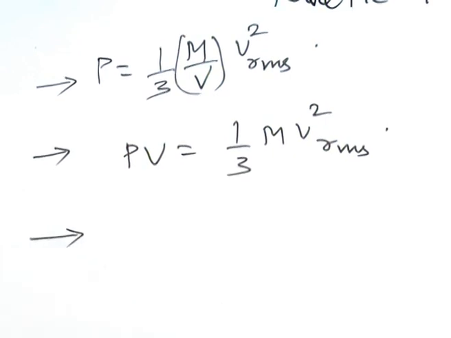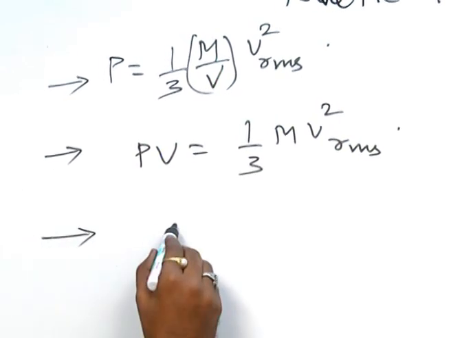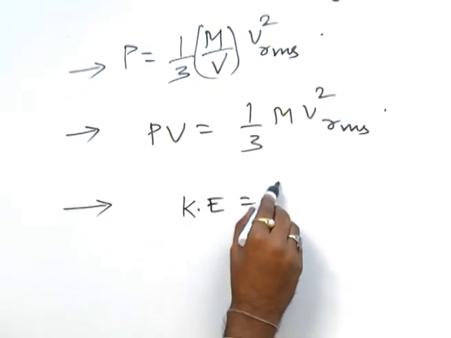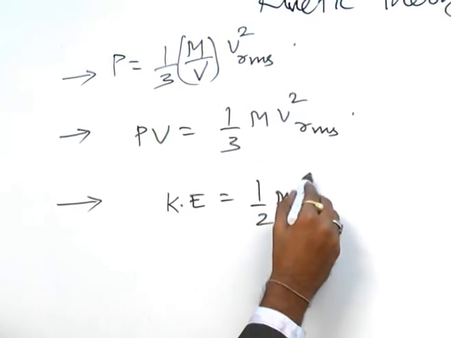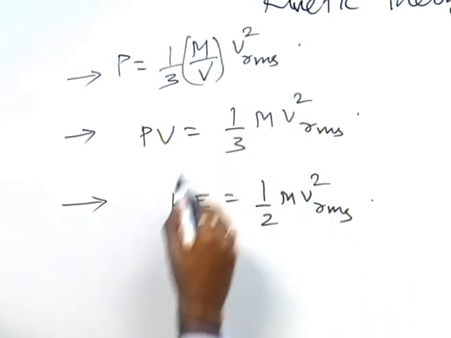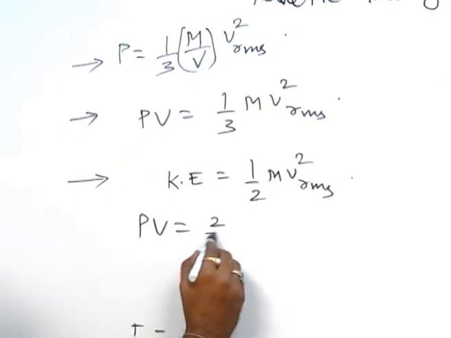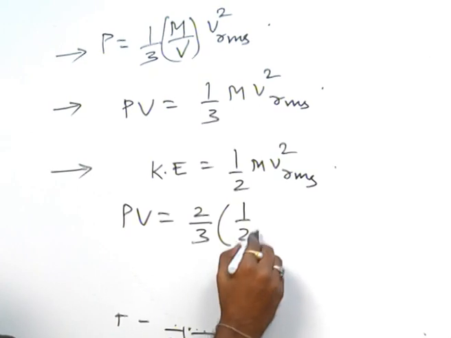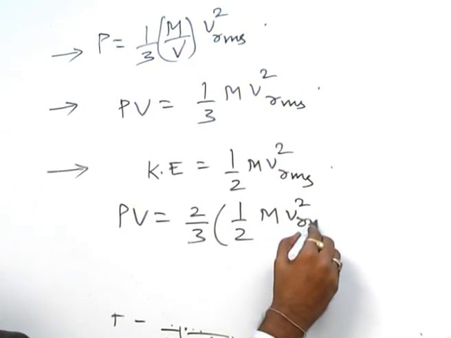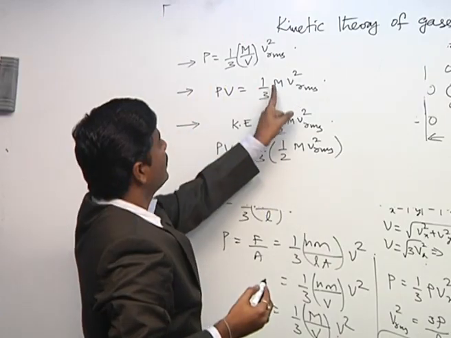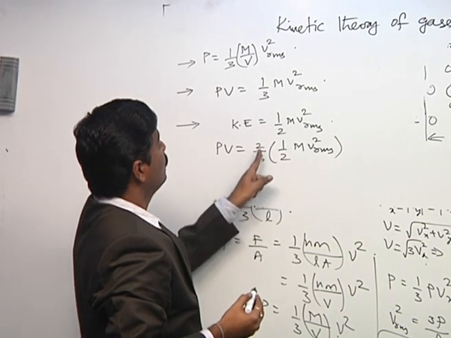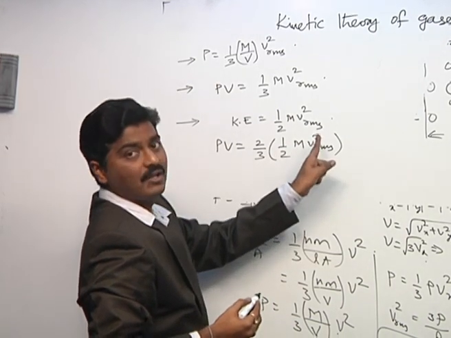See, again from that we can explain the kinetic energy. This can be equal to 1 by 2 m v square RMS. If we substitute from this PV equal to 1 by 3, we can write it as 2 by 3 into 1 by 2 m v square RMS. So I am taking 1 by 3 m v square RMS is equal to 2 by 3 into 1 by 2 m v square RMS.